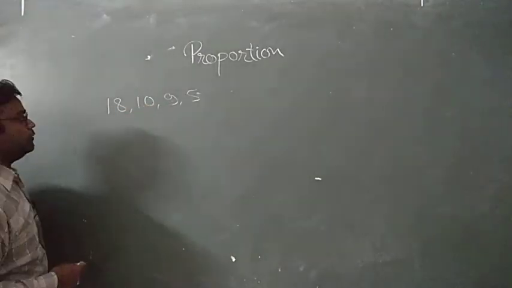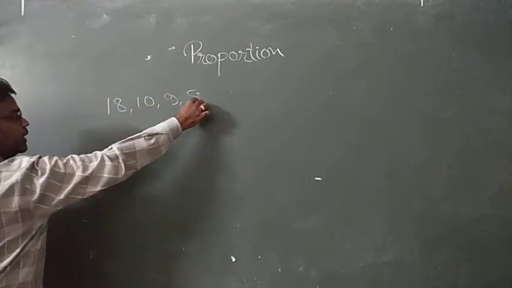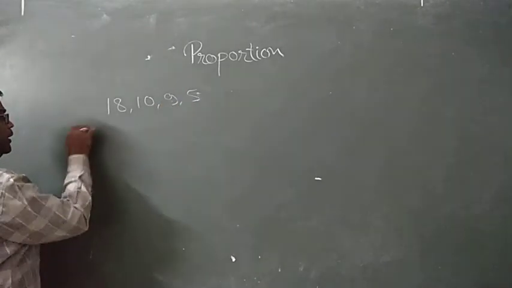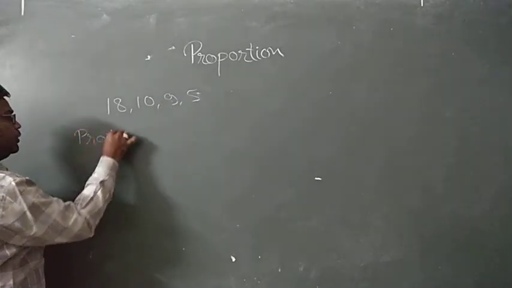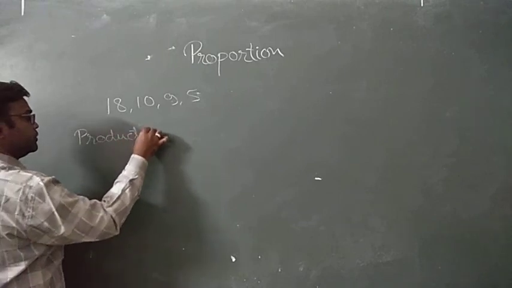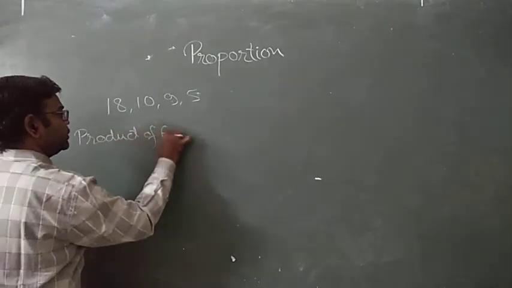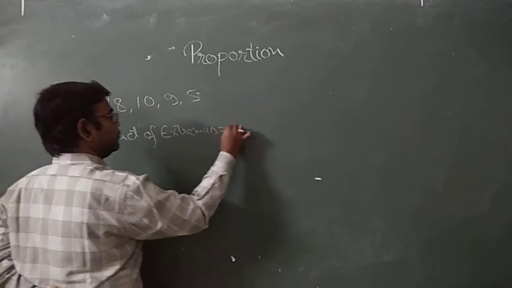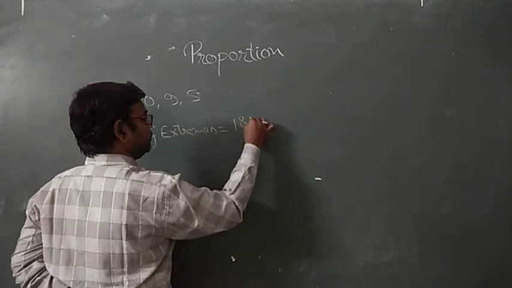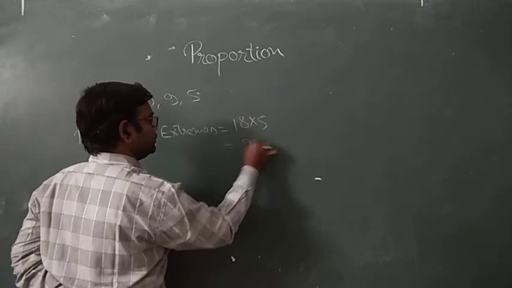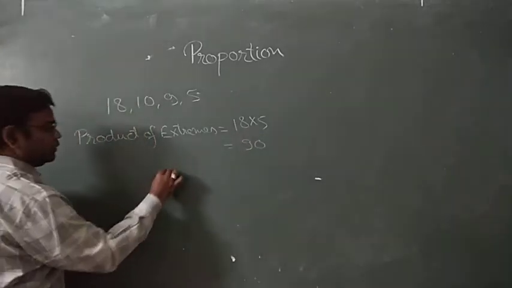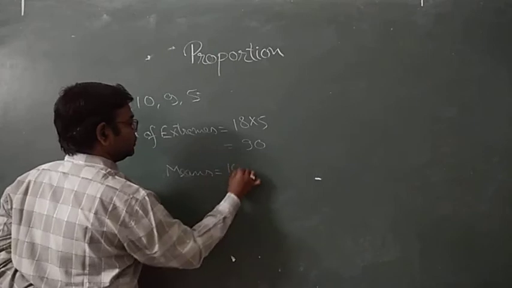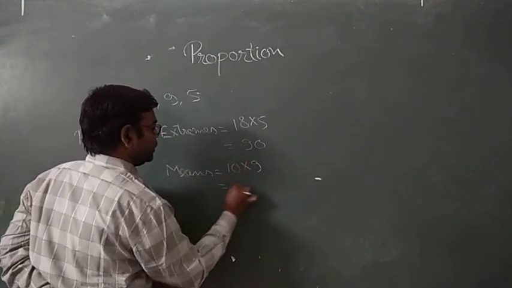As we are observing, these two are extremes, these two are means. Clear? So as usual, we can find the product of extremes. Product of extremes equals 18 into 5, it's 90. And product of means equals 10 into 9, it's 90.